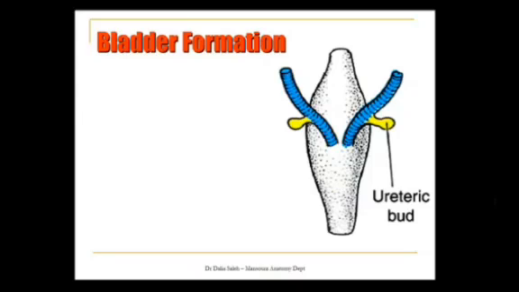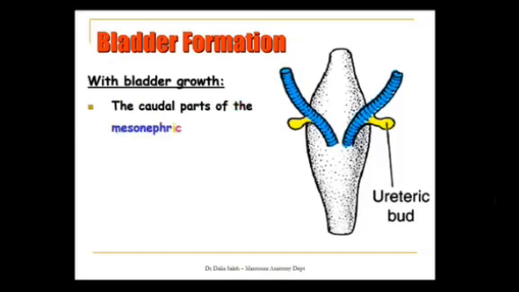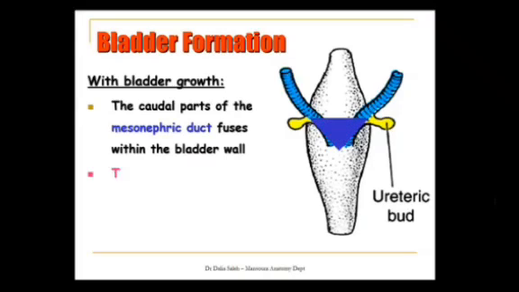In this diagram, we are looking at the urinary bladder from the back, and you can see the entrance of the two mesonephric ducts into the urogenital sinus, and at their caudal end emerges the ureteric bud. With the bladder growth, the caudal parts of the mesonephric ducts will fuse within the wall of the urinary bladder.